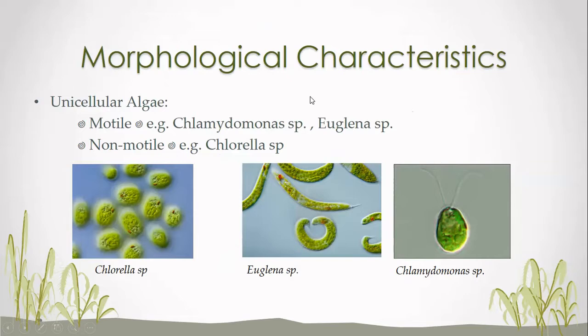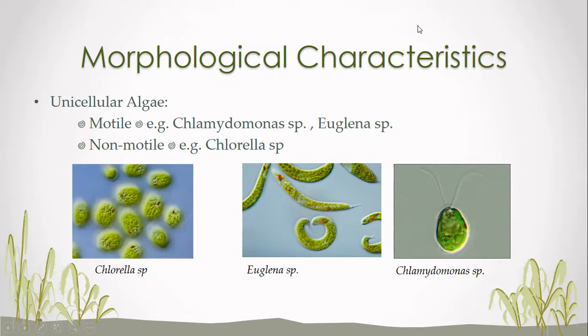So in short, the kingdom Protista is a complicated kingdom. Now, what are the morphological characteristics? They are classified based on structure. Some are unicellular algae and the other group is multicellular.